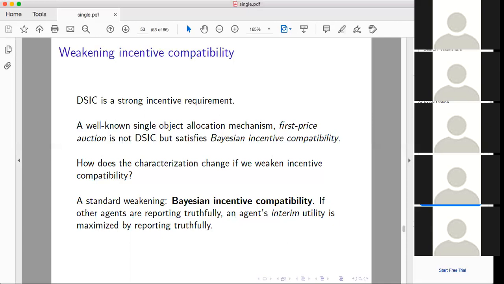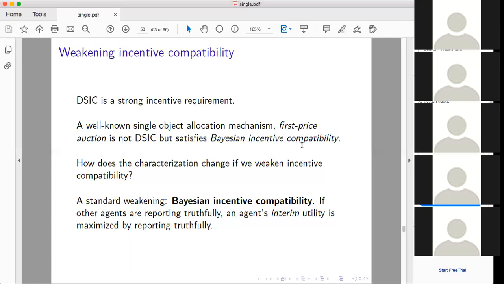Basically, the direct revelation mechanism of that has an equilibrium where agents would truthfully report their type, and truthfully reporting their type is a Bayesian equilibrium of that direct revelation mechanism.